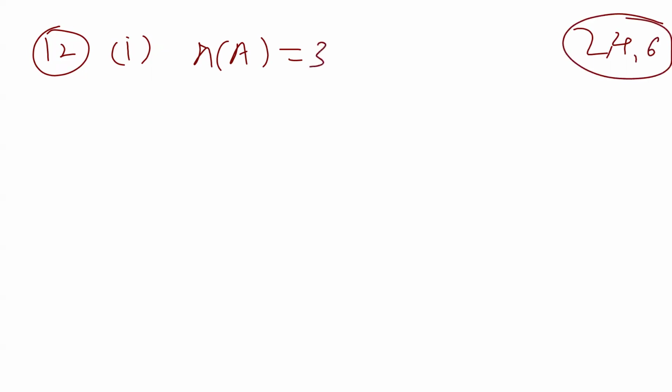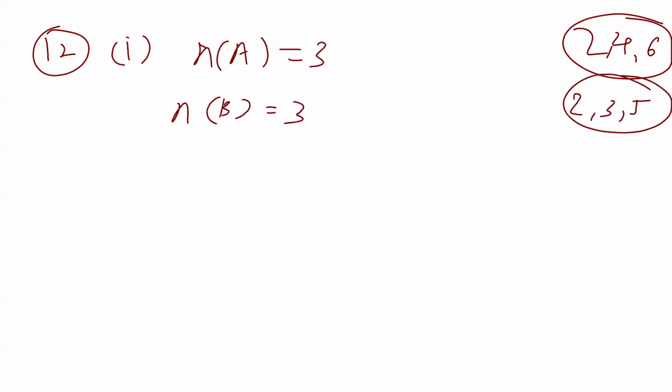This is 3. N of B, B is the set of prime numbers less than 7: 2, 3, 5. So this is equal to 3.